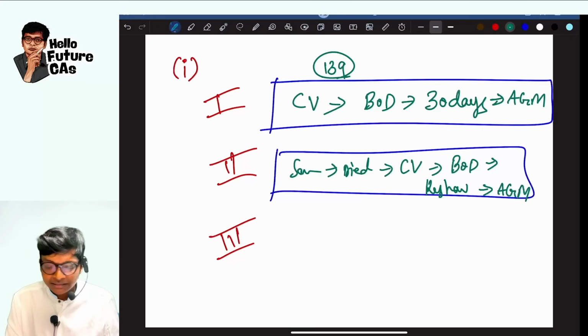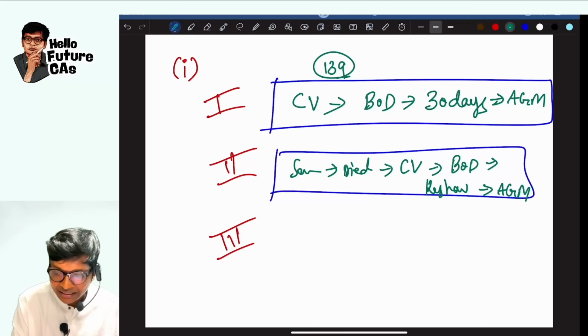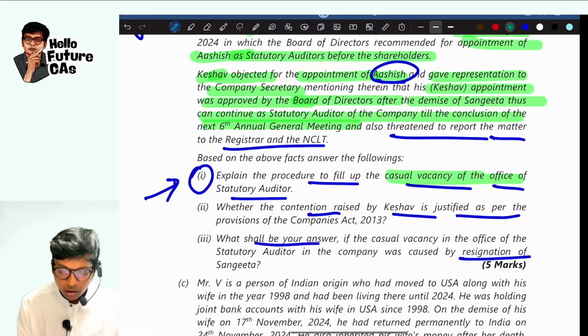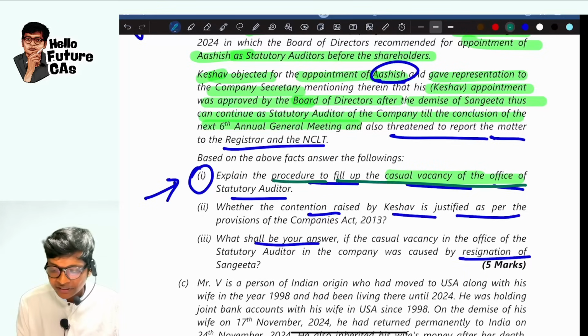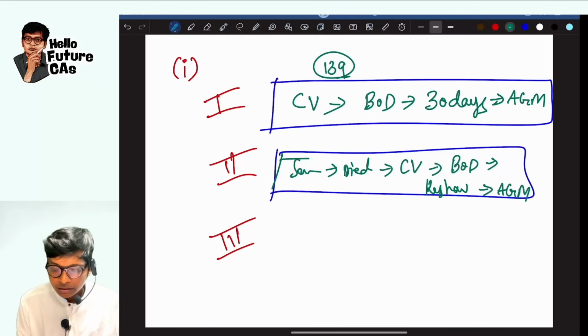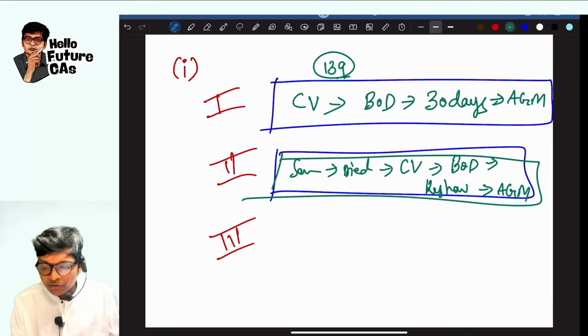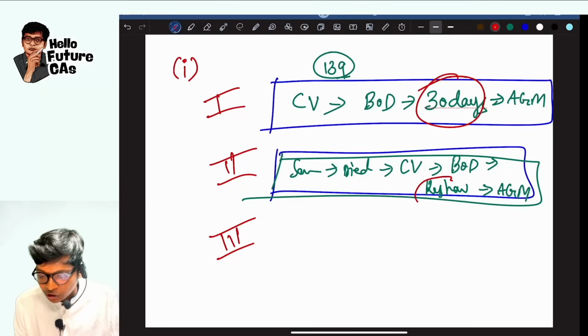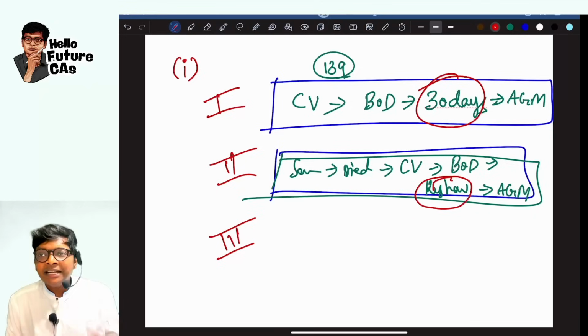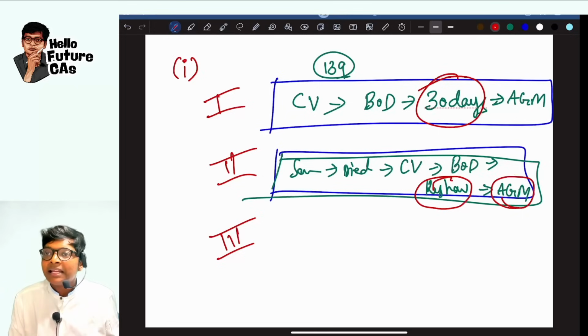Are you following, guys? What is the first question that they're asking over here? Explain the procedure to fill the casual vacancy of statutory auditor. Have you explained it over here? Yes. Correct. You told the provision. It has to be filled within 30 days. That's what you told. Keshav has to be appointed within 30 days, who will hold office till the AGM.